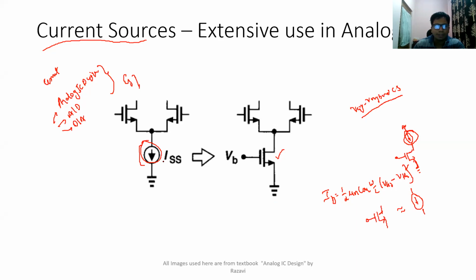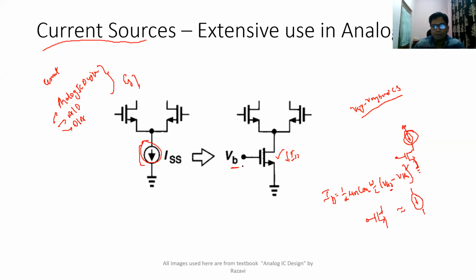For example, in the differential amplifier where you require a current source, you are implementing this current source using a MOSFET. And in order to get your required current, whatever ISS is required, you need to apply a sufficient bias voltage. So you need to give the appropriate bias voltage to it.